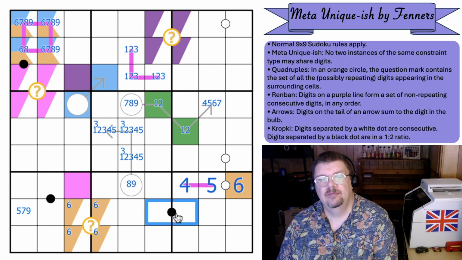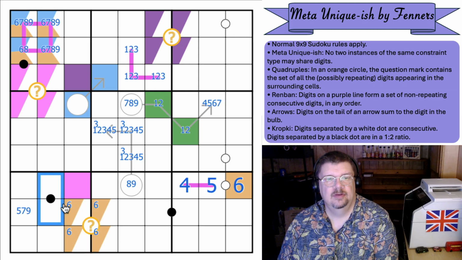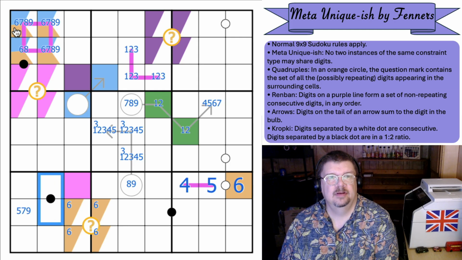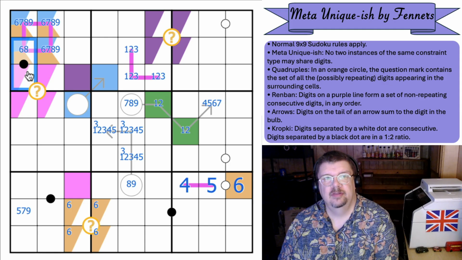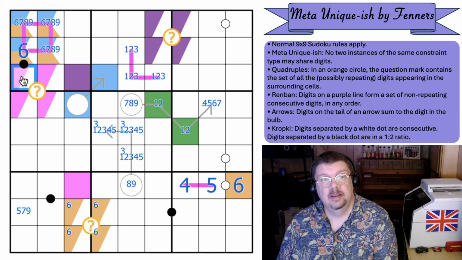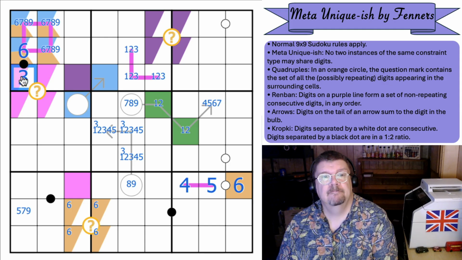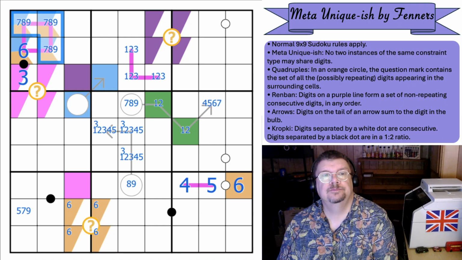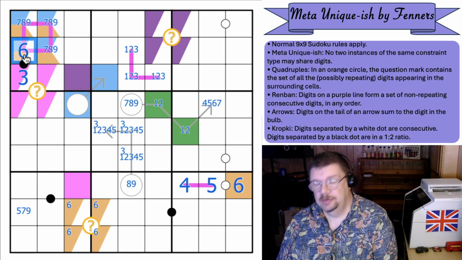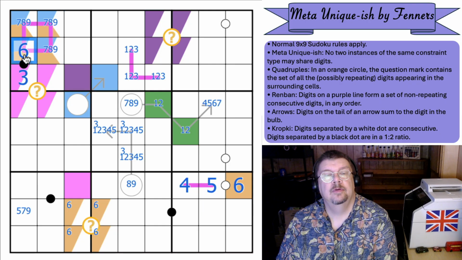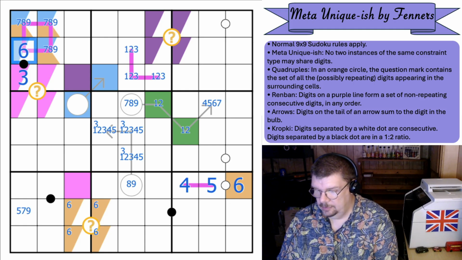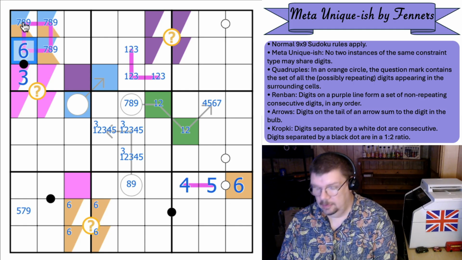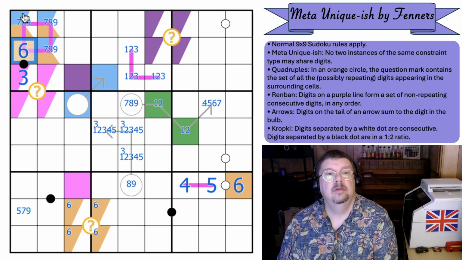That means that neither of these can be a 6, so it can't be 3, 6. Neither of these can be a 6 because one of these two is, so that can't be a 3, 6. This must be a 3, 6 dot, therefore, and that's a 6. And that is a 3. And that's orange. There we go.